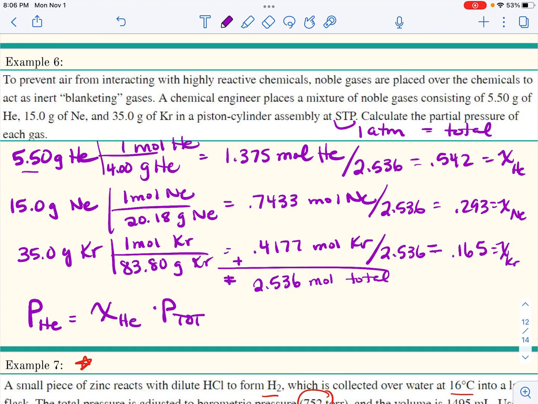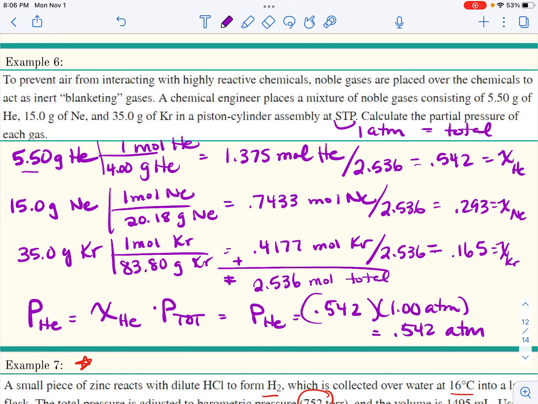So now I can do these times my total pressure, and in this case, my total pressure is 1 atmosphere, so the pressure of helium equals the mole fraction, which would be 0.542, times the total pressure, which is 1 atmosphere, and it's the same thing, 0.542 atmospheres.